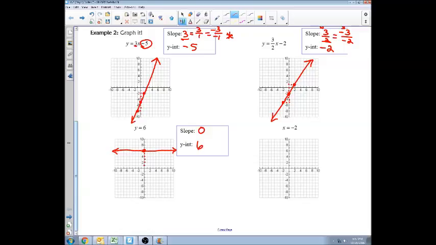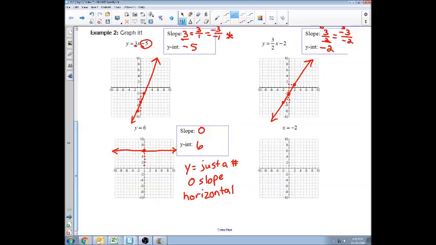Every time I have y equals a constant, y equals just a number, I will have a 0 slope and a horizontal line.